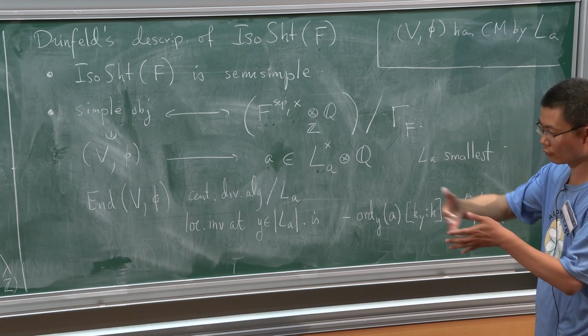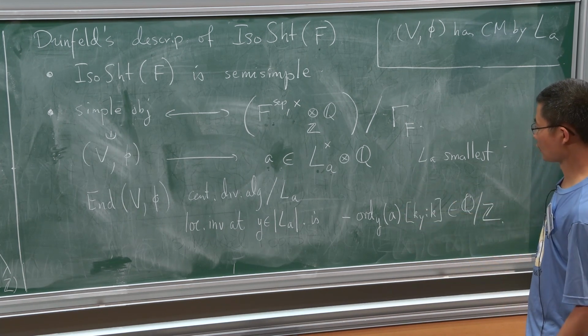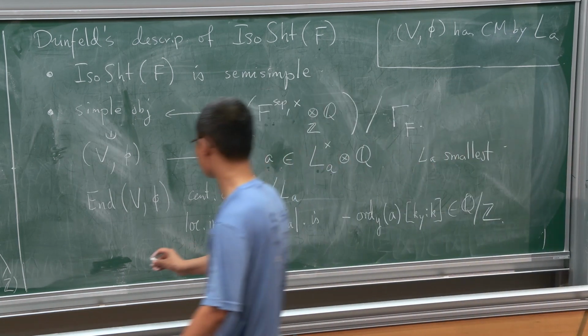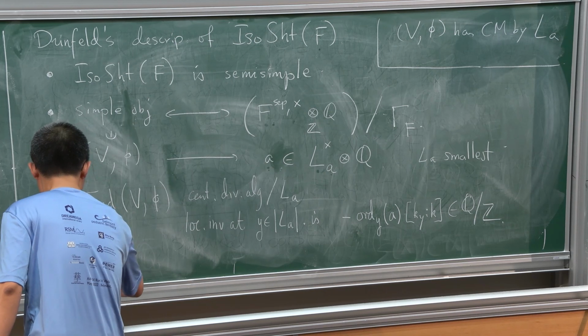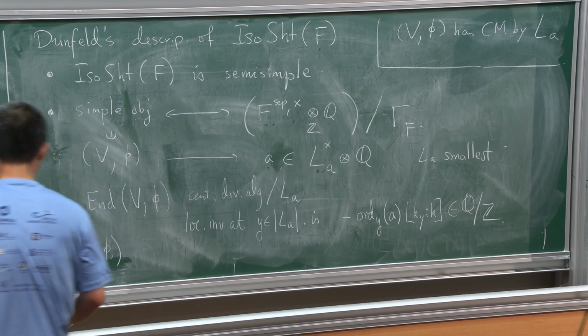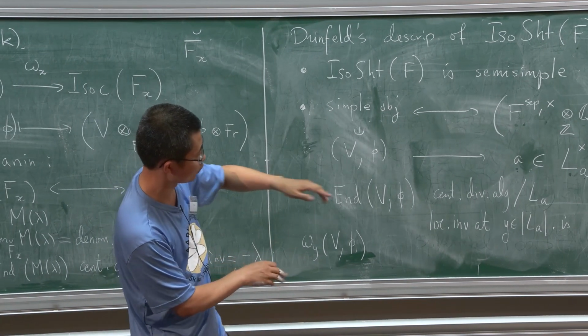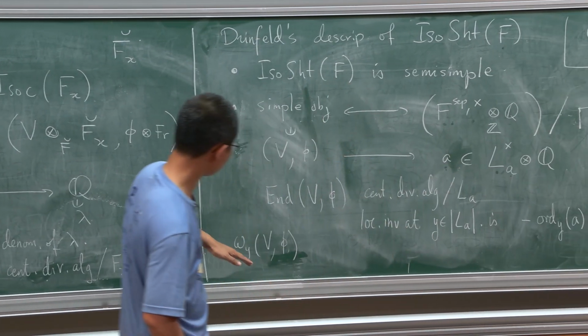So locally, it may further split up, but it's still a central simple algebra. And now it makes sense to restrict to a place not just in F, but also in this field of CM.